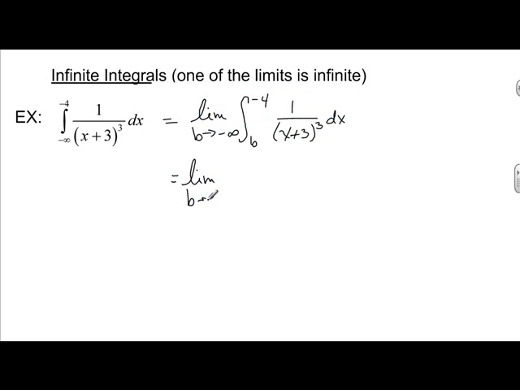So, pause the recording and do what you can to integrate from b to negative 4 the function 1 over x plus 3 quantity cubed.